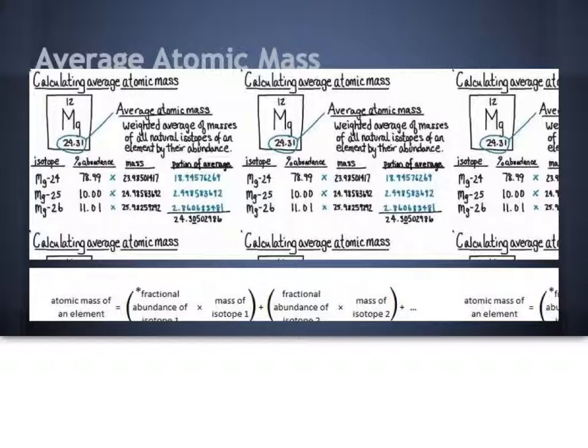Average atomic mass. Average atomic mass, by definition, it is the sum of the protons and the neutrons. Oh, that's mass number, sorry. The average atomic mass, on the next page, is the weighted average of all the isotopes of an element. Okay, so when we talk about weighted average, that's taking their percent abundance into account.